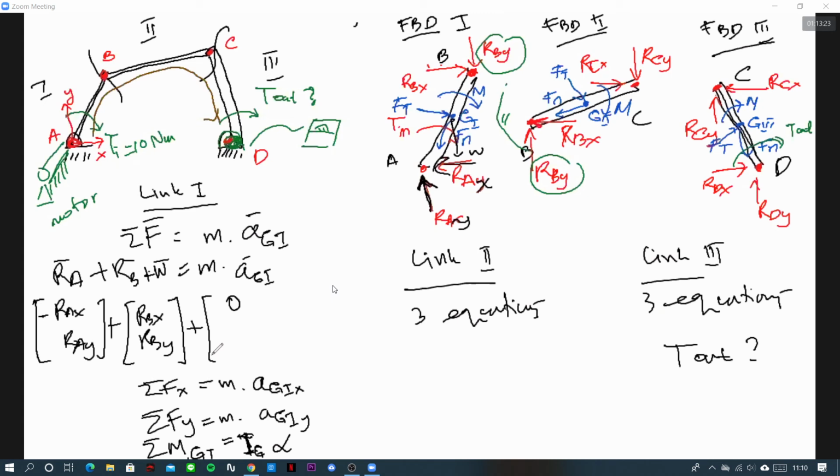Then because going upward is positive, I will put m times minus g, equal to m times a in the x direction and m times a in the y direction. Okay, thank you. Are there any other questions?